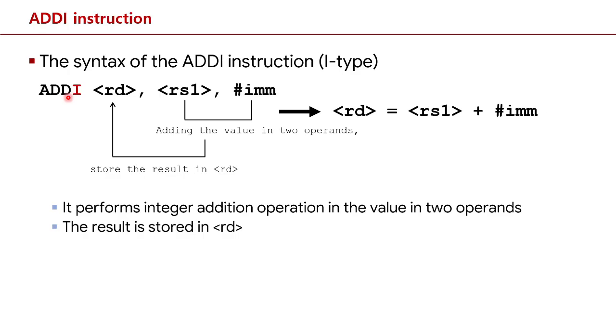The minor difference is that the second operand is an immediate constant. Please take a look at this. There's no RS2 in the case of ADDI. It supports an addition operation between two operands. The only difference is that the second operand is the immediate constant.